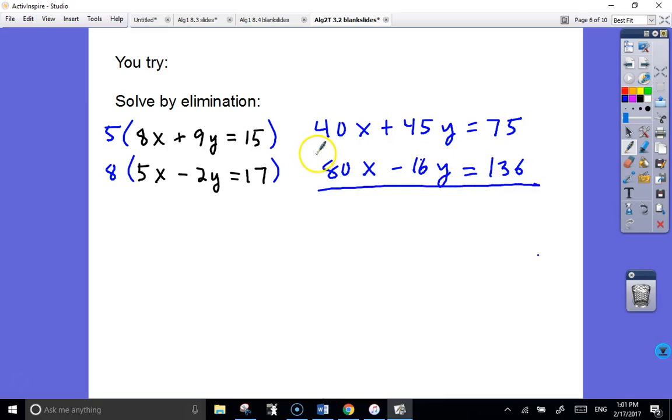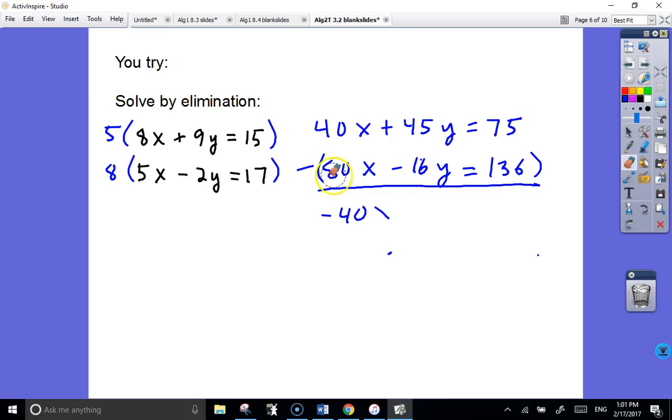So now we have to subtract. Usually you take the top one and subtract the next one. You could reverse that too. Here I'm looking at it that 80 minus 40 is positive and 136 minus 75 is positive. I kind of like that, but I'll do it the traditional way. 40 minus 80, negative 40. Oh, what did I do there?